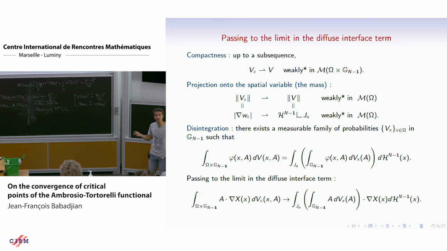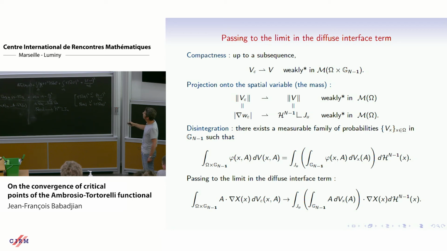It's not anything. It is a measure on the product space whose projection onto the spatial variable is the measure of the jump set. And when you have a measure on a product space and you know one of its marginals, you can disintegrate this measure with respect to its projection. It gives you the existence of a family of probability measures, capital V_x.